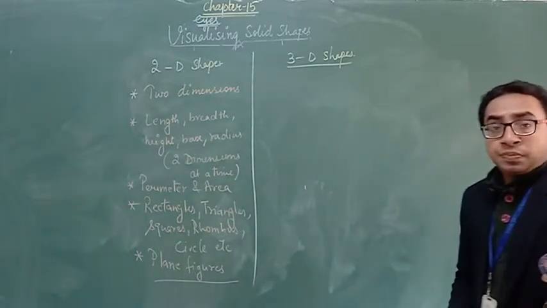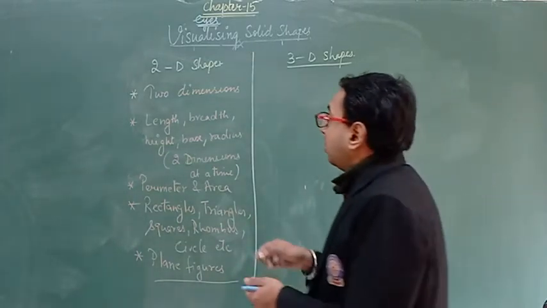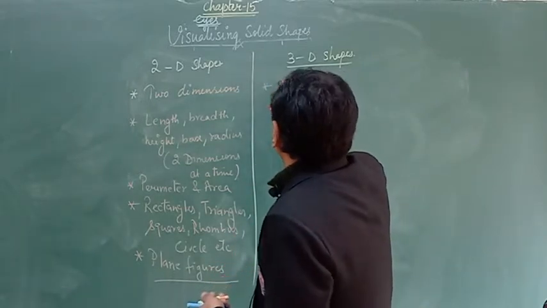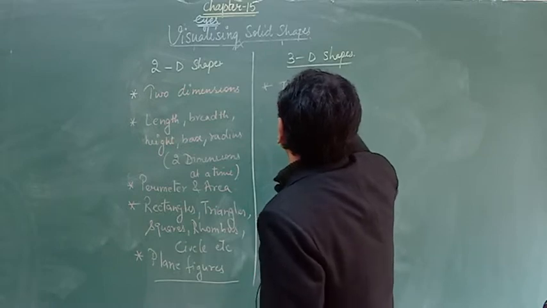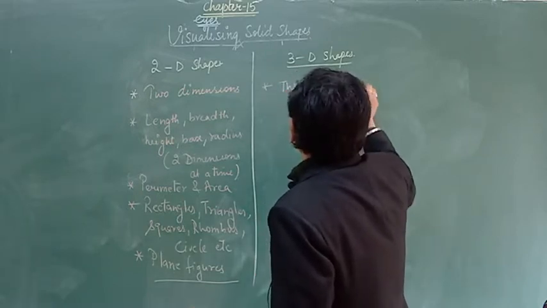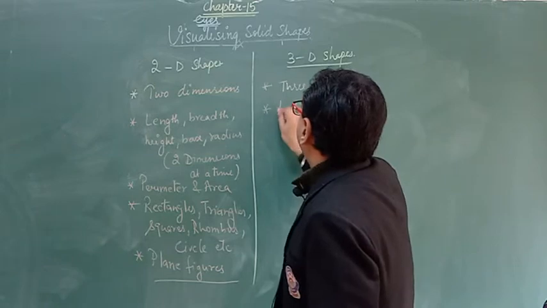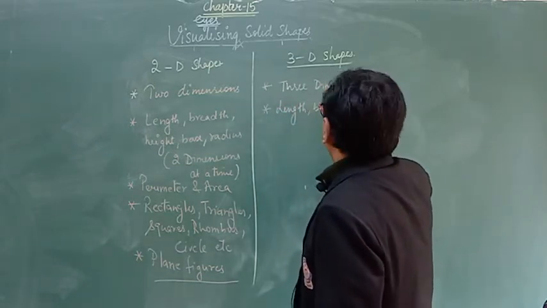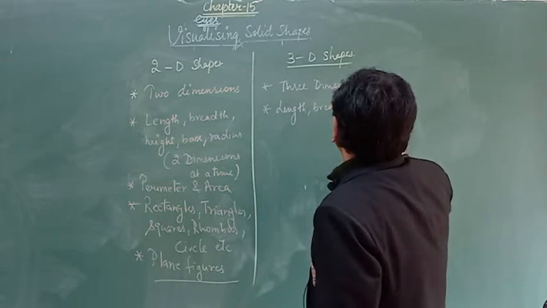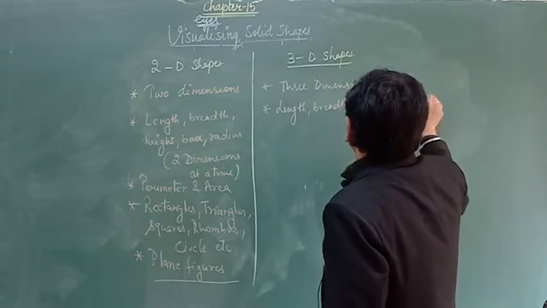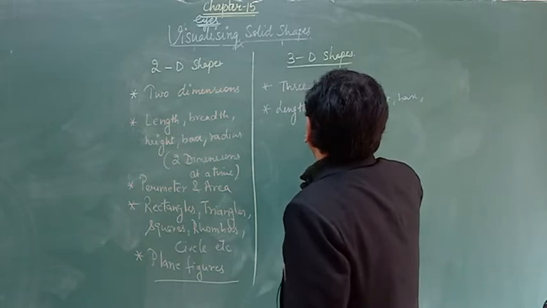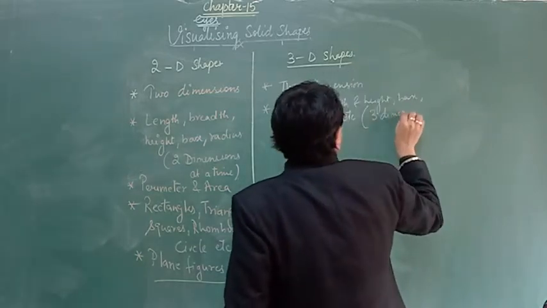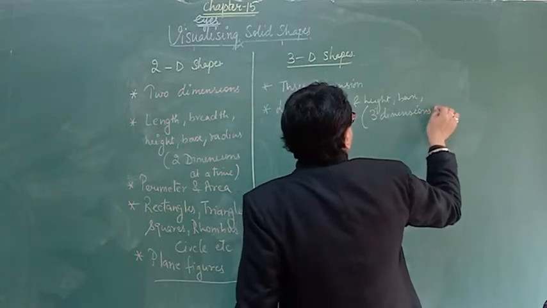Are we clear? Next, 3D shapes. First point regarding 3D shapes: they are three-dimensional. They need 3 dimensions. Those dimensions are length, breadth, height, base, radius, etc. But 3 dimensions at a time.